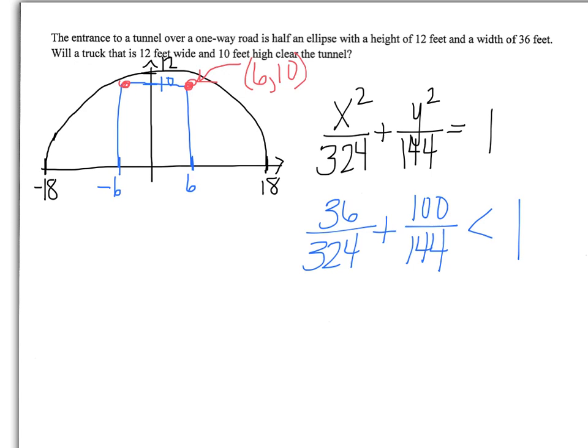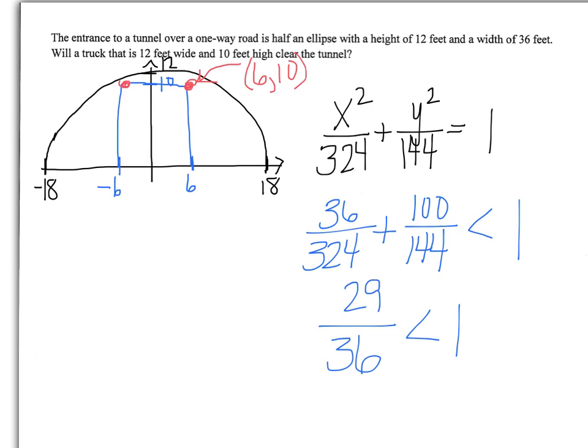Well, if you put this in your calculator, do a math frac and get your answer, that becomes 29 over 36. Is that less than 1? Well, it is. 29 over 36 is less than 1. That means that this point really is inside the ellipse, and so the truck will fit.